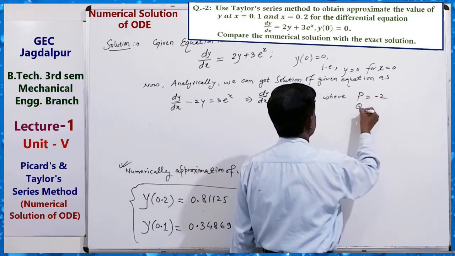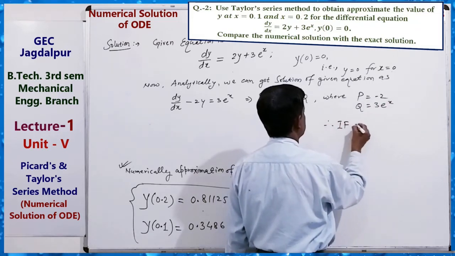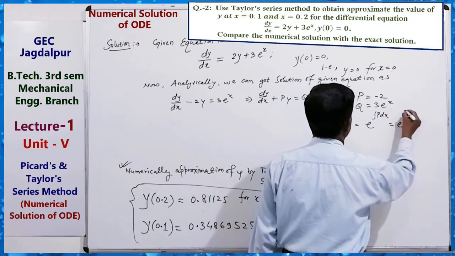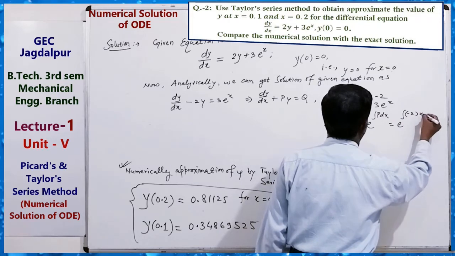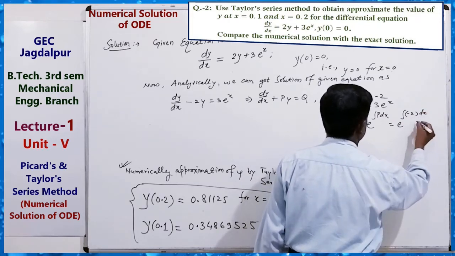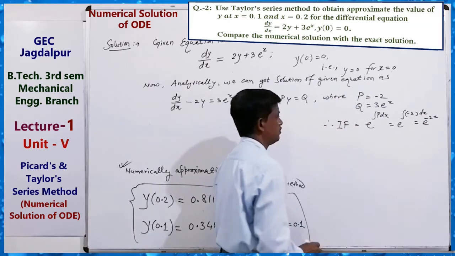Minus 2. Q equals what? 3 e to the power x. Therefore the integrating factor equals e to the power integration of p dx, equals e to the power integration of minus 2 dx, which is e to the power minus 2x.